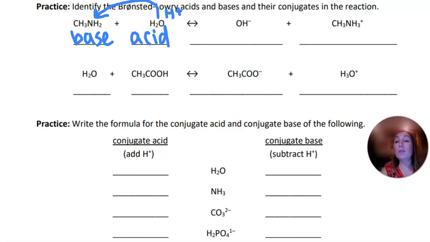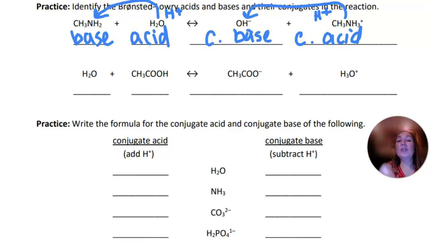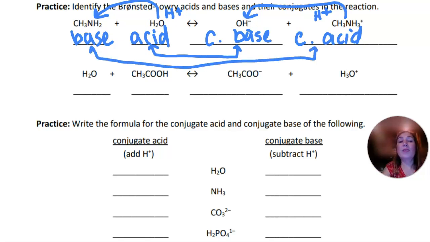To get back in reverse, we have to give the proton back to remake the water. So here we've got an acid, that's our conjugate acid. Accepting is our base, that's our conjugate base. Here is our acid conjugate base pair. They differ by only one proton. Here is our base conjugate acid pair, differ by only one proton.